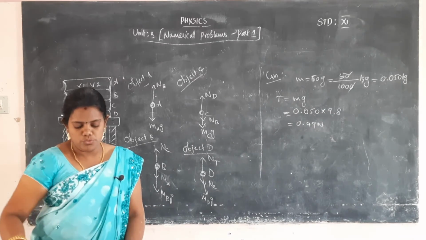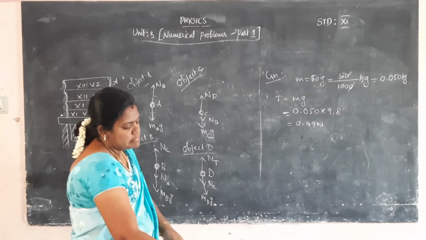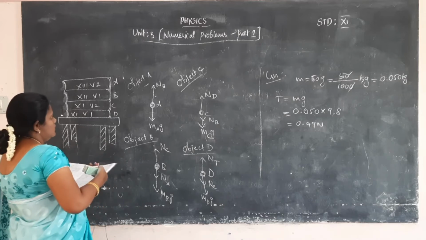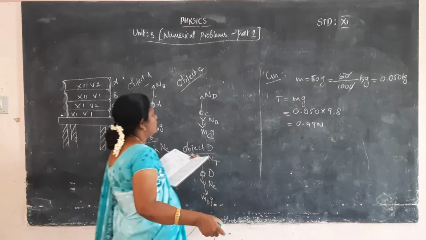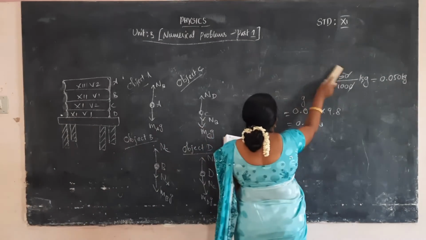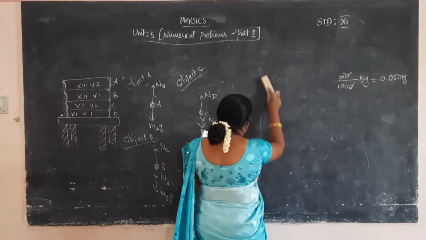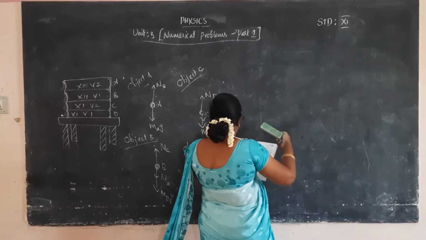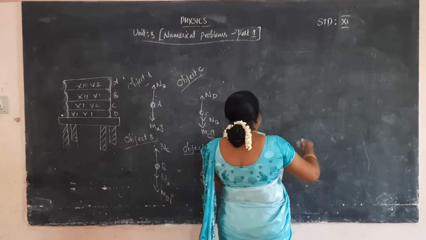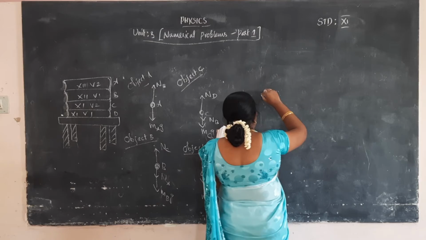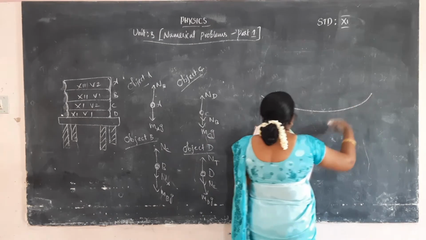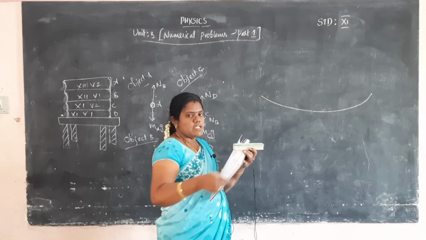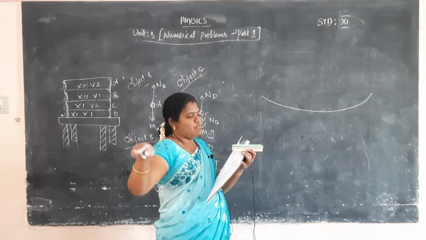I want to draw one diagram. The bob is attached to the string, and the string will be moving back and forth.